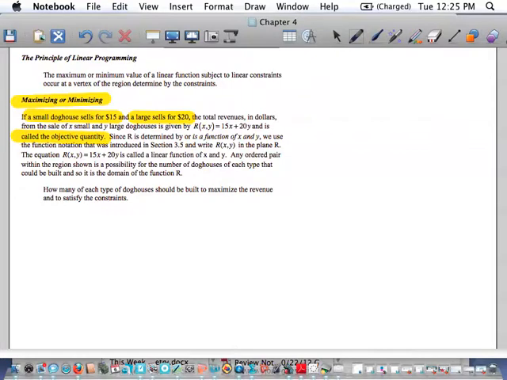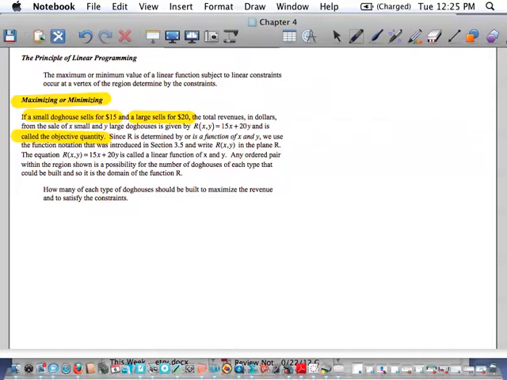Since R is determined by, or is a function of, both x and y, we use the function notation that was introduced in section 3.5, and we write R of x, y. So the equation R of x, y equals 15x plus 20y is called a linear function of x and y, because the revenue is based on the combination of doghouses that are sold.